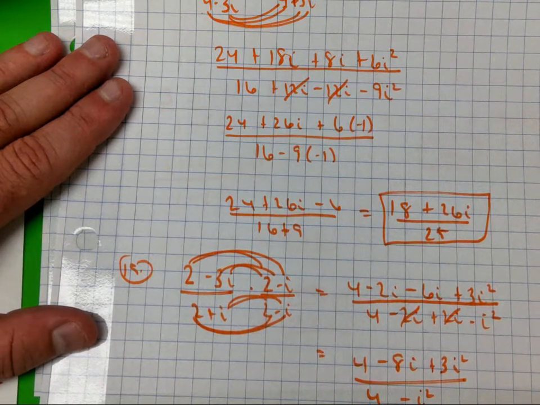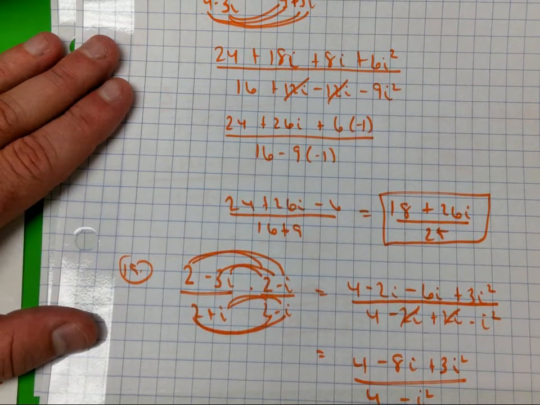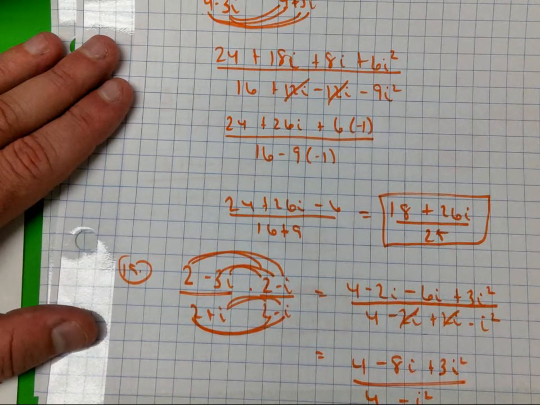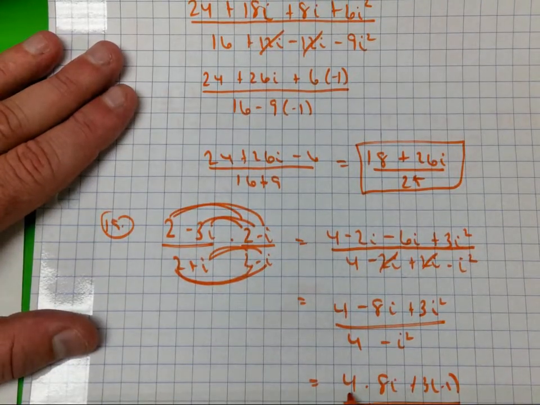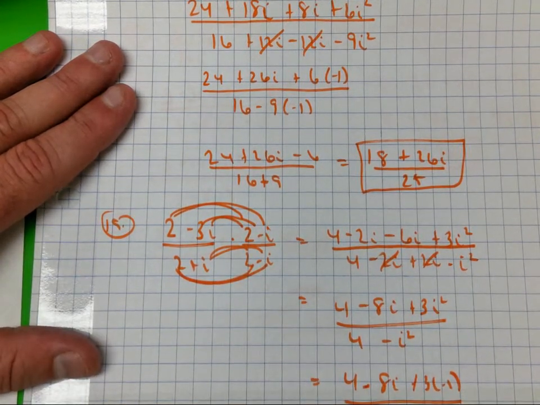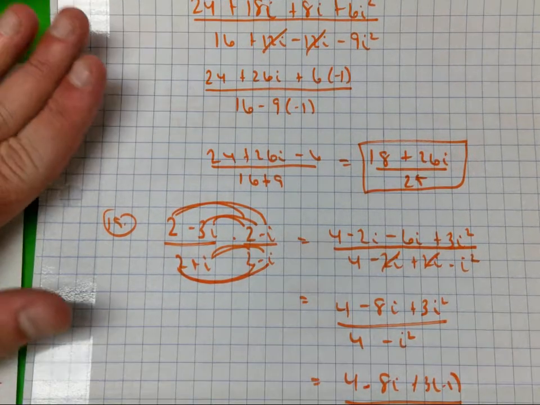Now I'm going to substitute negative 1 in for these i squareds. And negative 3 will give me 4, and negative 3 will give me 1 minus 8i. That's a double negative over 5.